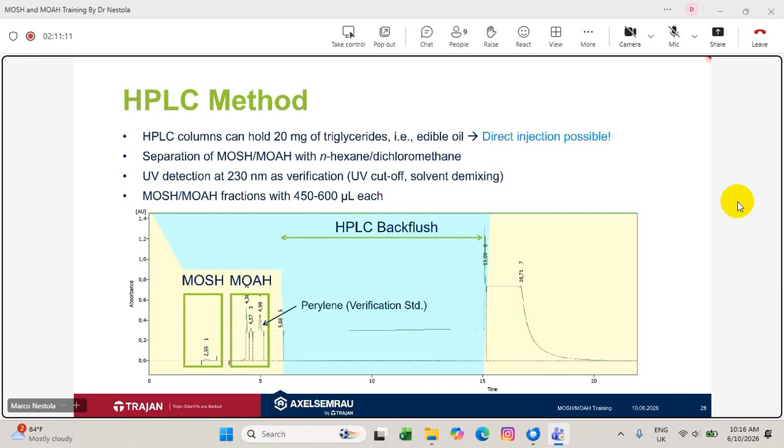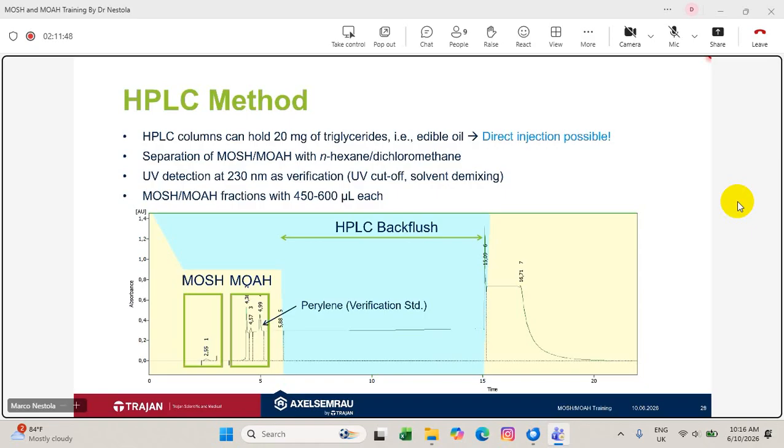So what you're seeing here is 35% dichloromethane, 100% dichloromethane. That's what we are seeing in the height of the signal. What we are also seeing, when you look at the slope of the gradient, is that you would typically expect to see the same slope in the signal, because the gradient should be observable in the UV signal as long as we are below our UV cutoff.